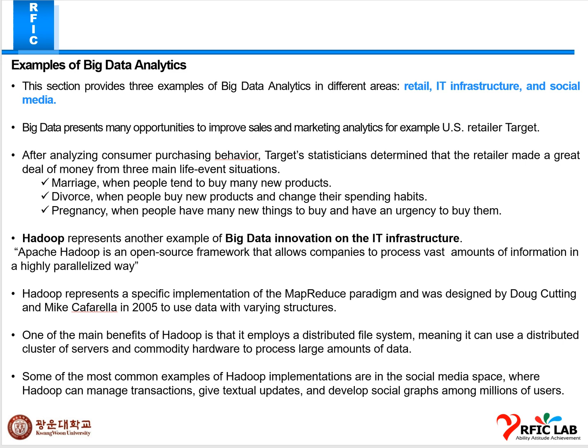In marriage, when people tend to buy new products, they target this. For example, if a person buys one product for their marriage, they will try to sell their other products too. They analyze that if he or she is buying this product, it means it's a marriage, and they will try to sell more other products also.